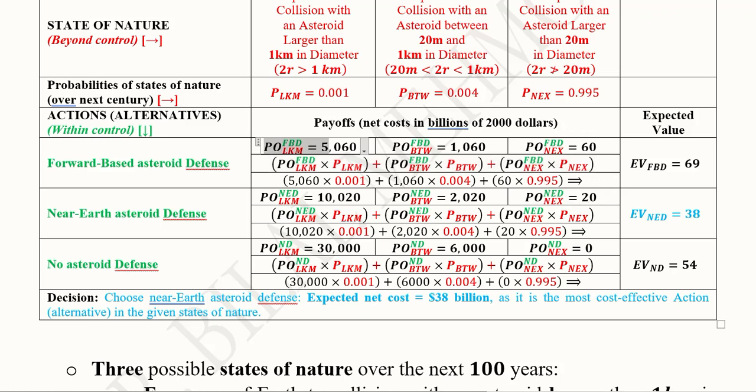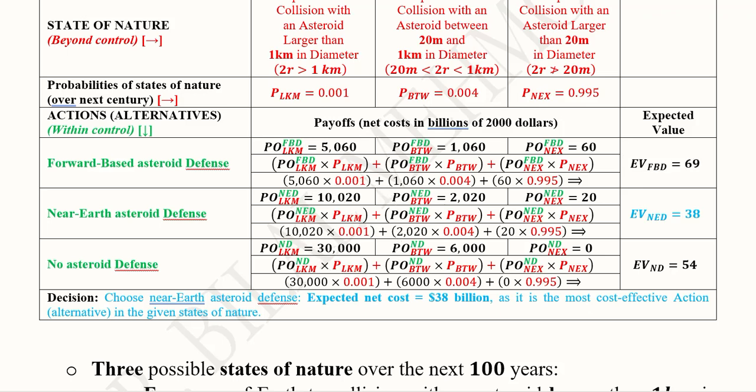So see, it is the expected value that we are calculating here, plus this value and that value. All the three events have been summarized in it. So this is the product of the first term, the second term, and the third term. We add them and we get the expected value of FBD, that is the forward-based defense system.